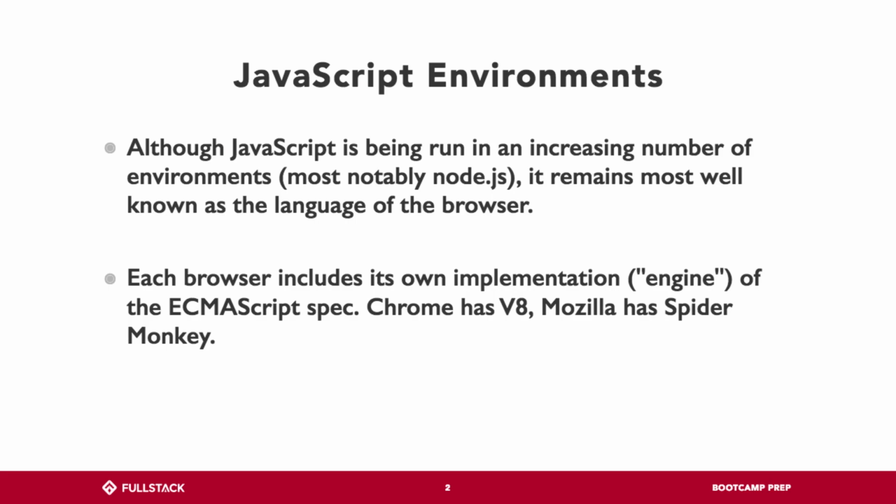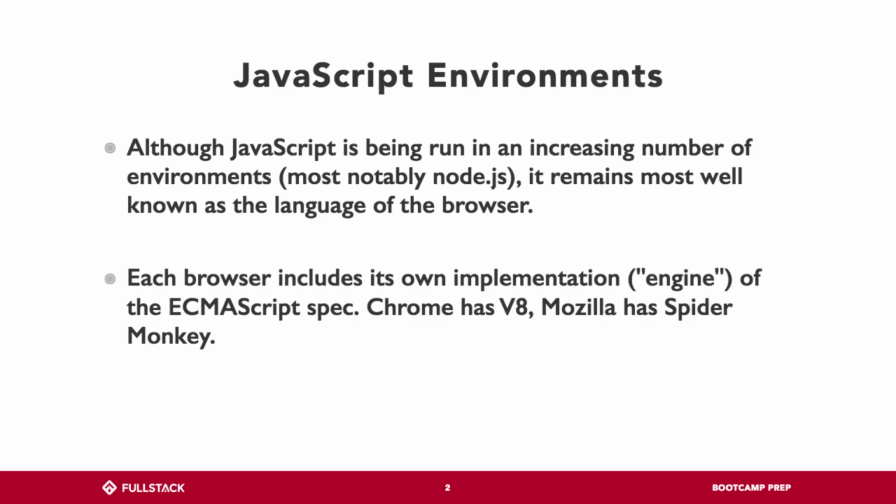And so every browser has their own engine that they use to render JavaScript. And what that also means, quite fortunately and unfortunately, is that every engine renders JavaScript just a little bit differently, right? So in the second bullet point, Chrome has V8, which is a very, very powerful JavaScript engine, but Mozilla, Safari, and all the other browsers have their own, right?